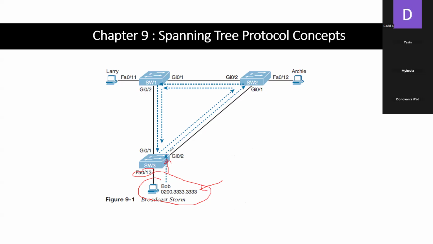So if this frame leaves switch 2, it also forwards this frame out to switch 1. Then it goes ahead and does the same thing to switch 2 and to switch 1.